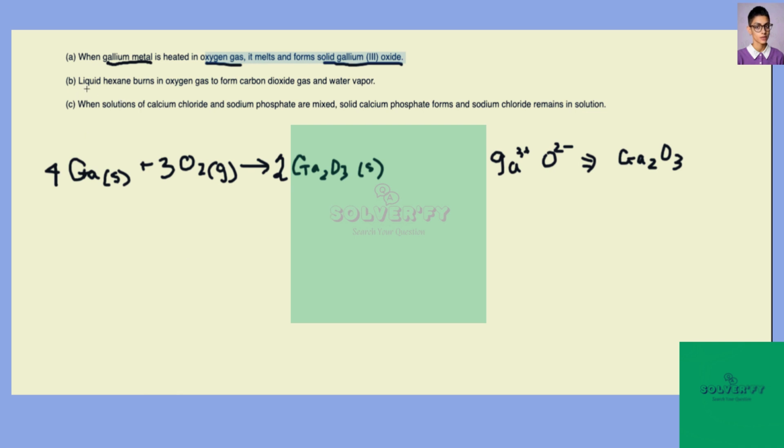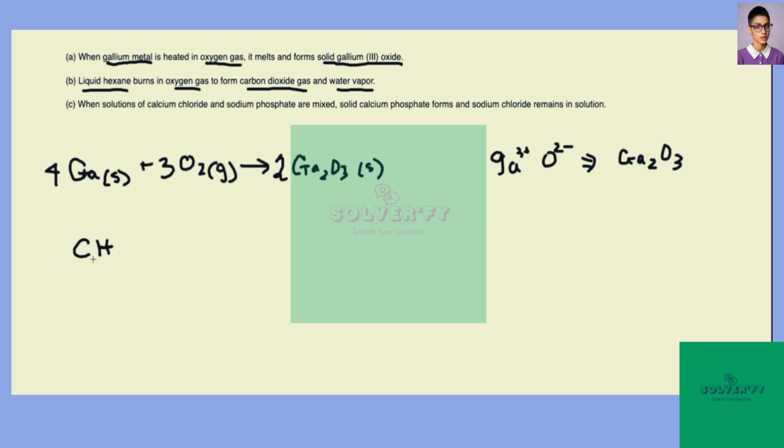A second example has liquid hexane burning in oxygen gas to form carbon dioxide gas and water vapor. If you don't know what hexane is, it's a hydrocarbon, which means it has carbon and hydrogen.